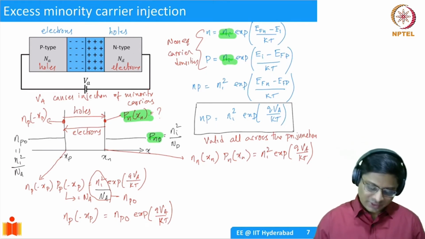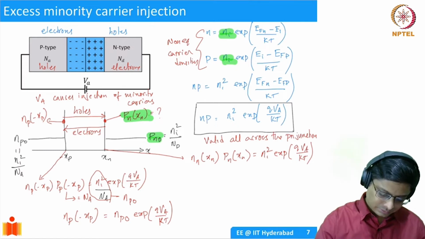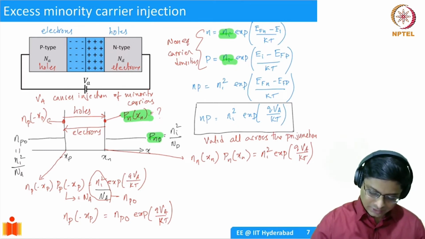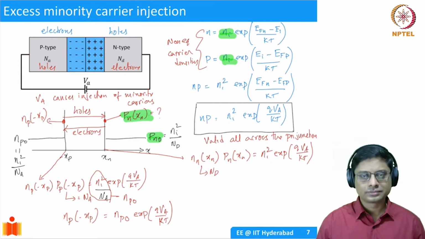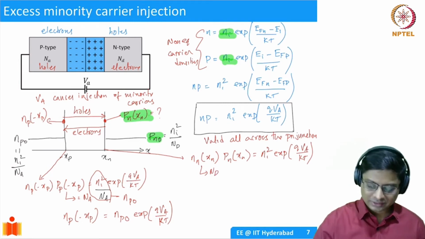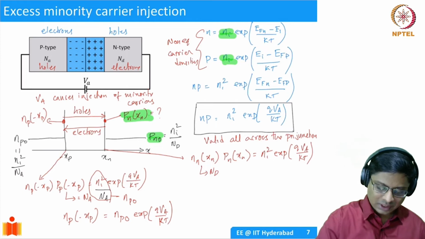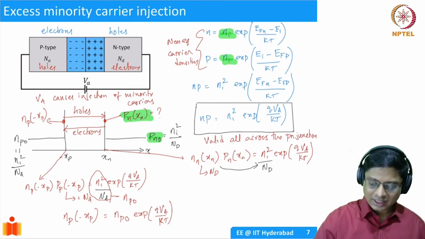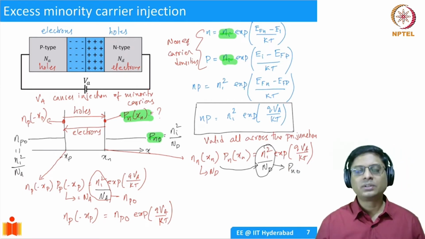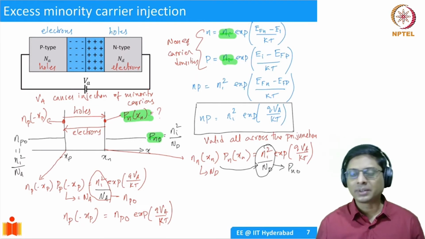So now what is this? Well, this guy is simply ND, and I'll move it to the other side and divide by ND. If I do this, this entire thing is going to be pn naught, the equilibrium hole density in the N-type semiconductor.